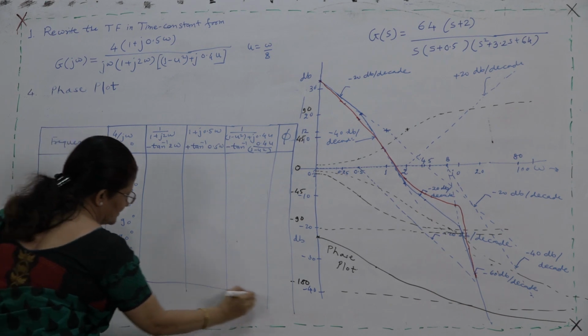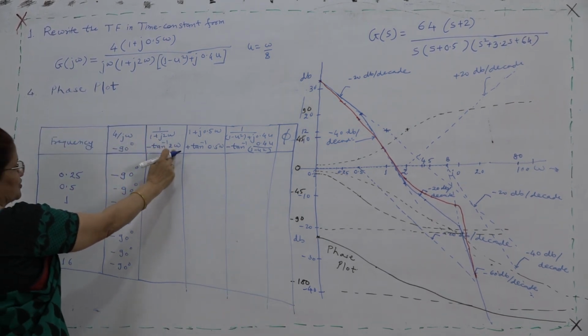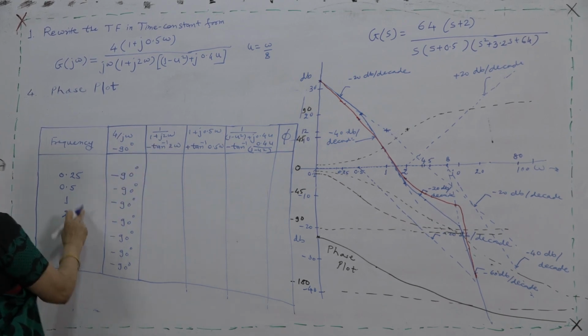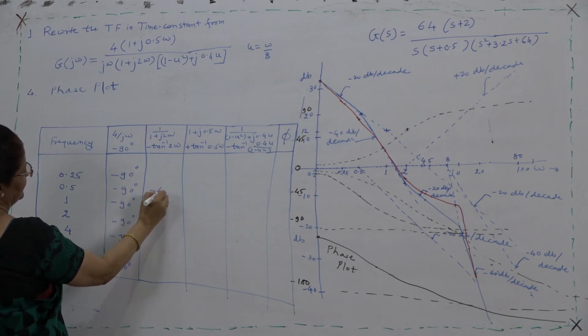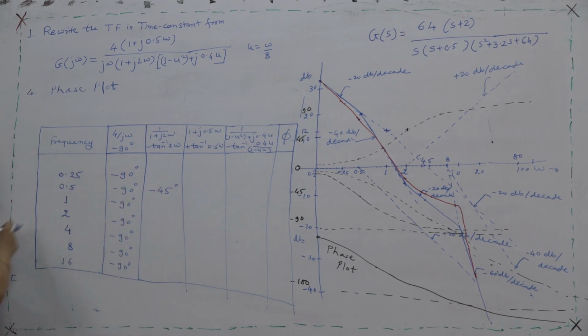So, no problem for this. Here minus tan inverse of 2 omega. So, at omega is equal to 0.5, you are getting minus 45, that we have done. Now, actually substitute omega is 0.25.